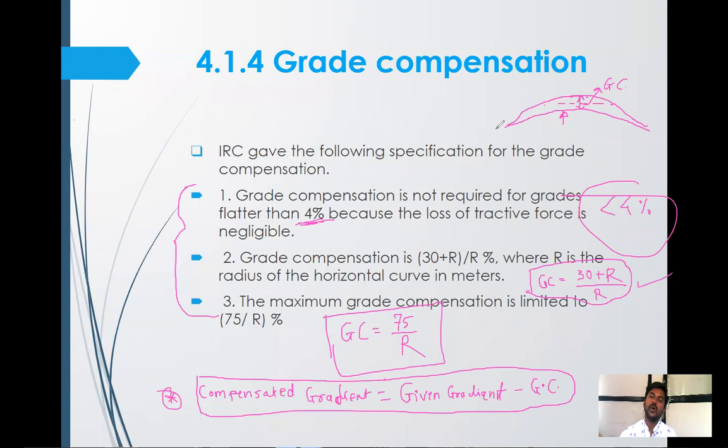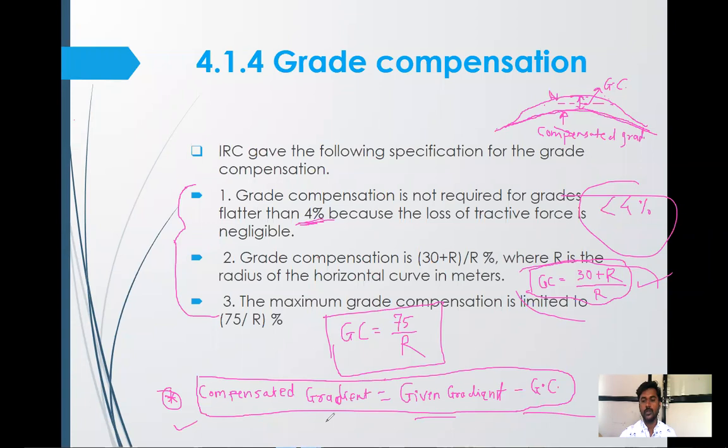And finally, we have provided this much gradient only, that is the compensated gradient. They have given the gradient. They have also given the radius of the curve. By that, we have to calculate the grade compensation, and finally go for given gradient minus grade compensation. We will get the compensated gradient.